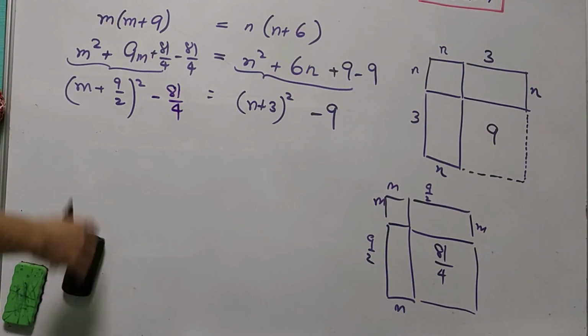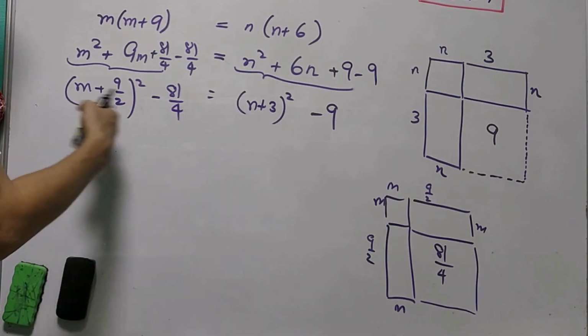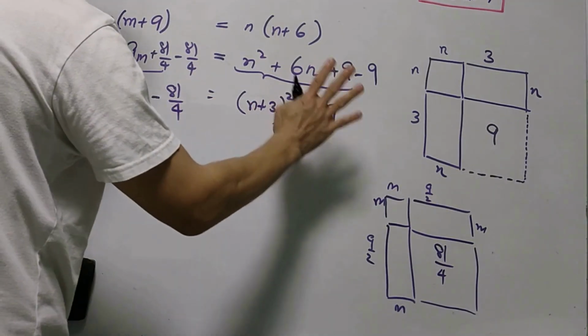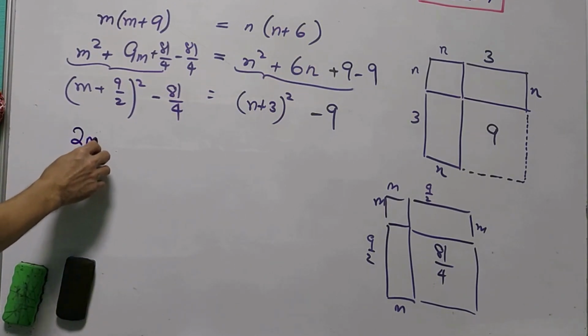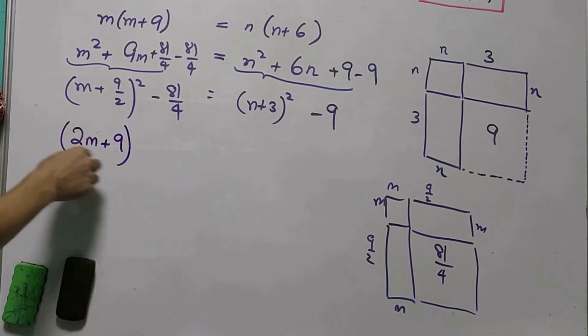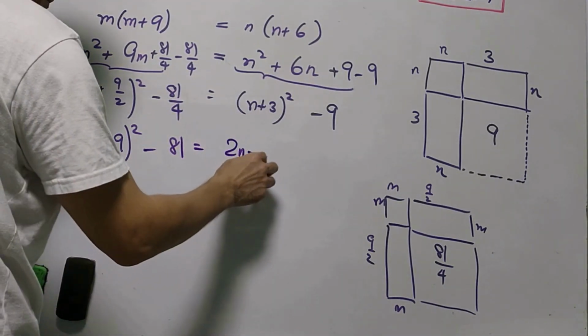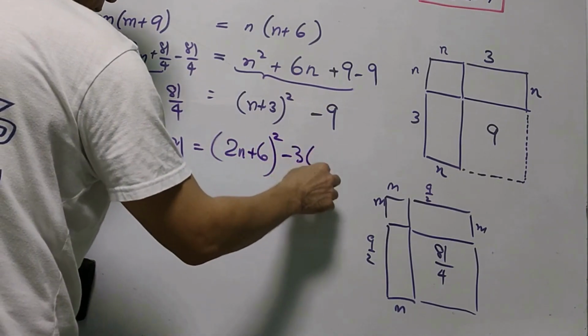Note that there are fractions on the left hand side. In order to avoid the fractions, we can multiply each of the terms by 4. This will give us 2m plus 9 squared minus 81. And this is 2n plus 6 squared minus 36.